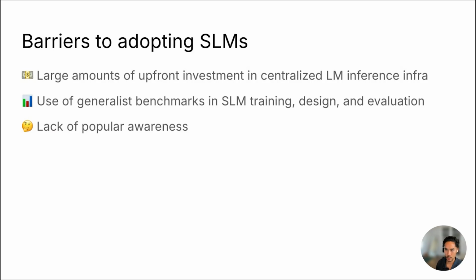There are some references that you can poke me about later, but if you look at benchmarks that are about tool use, for example, or very specific to what people use agents for, SLMs will often do as well as LLMs. The third one is lack of popular awareness, which hopefully this talk will somewhat address by speaking to SLMs as a viable production technology.